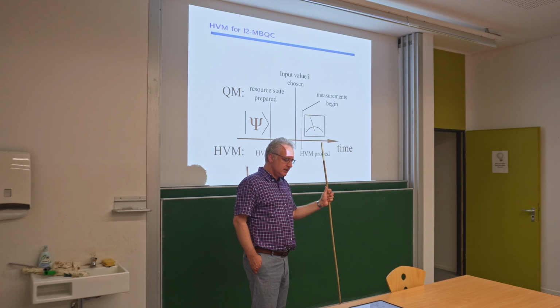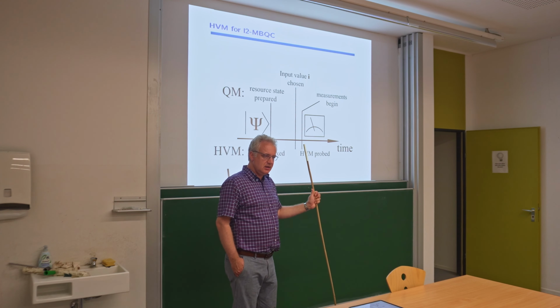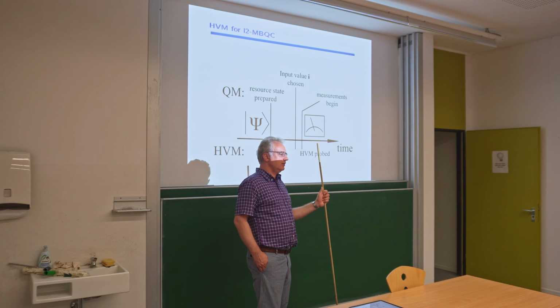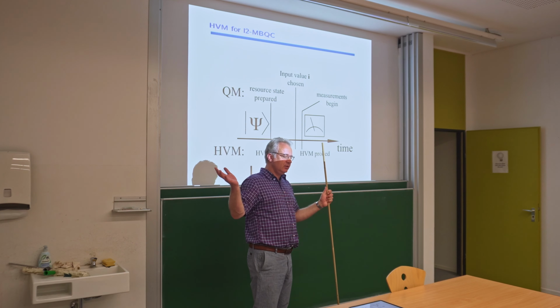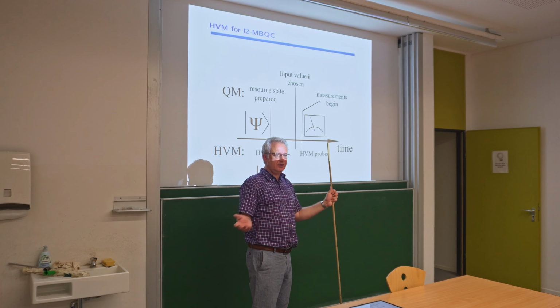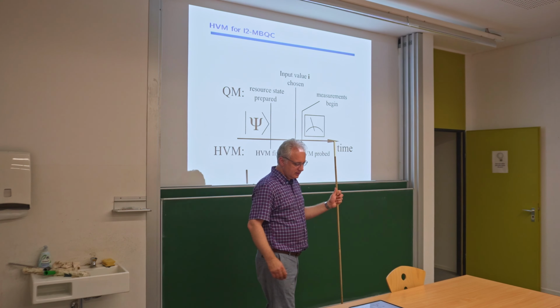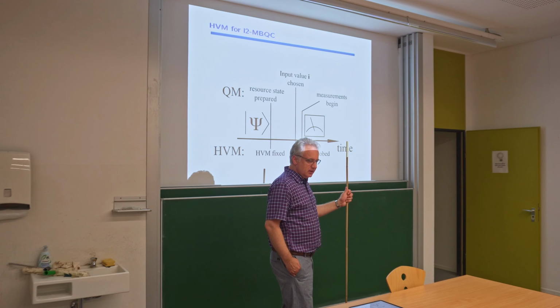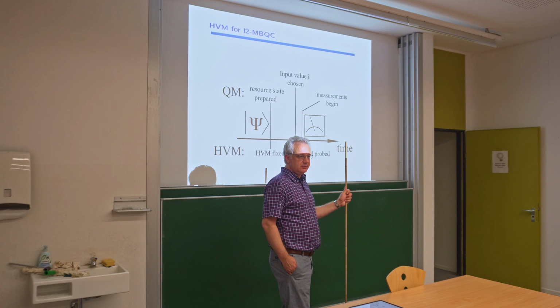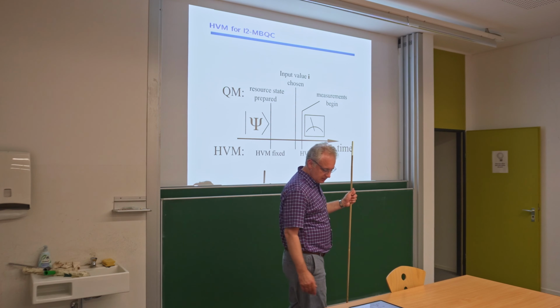Fixing the input means choosing the number that you want to factor. Or, I don't know, you want to compute some fixed Boolean function, say a bent function. We'll come to what that is later. You want to evaluate that function at a certain input, and you have to choose it. So that's what it means.